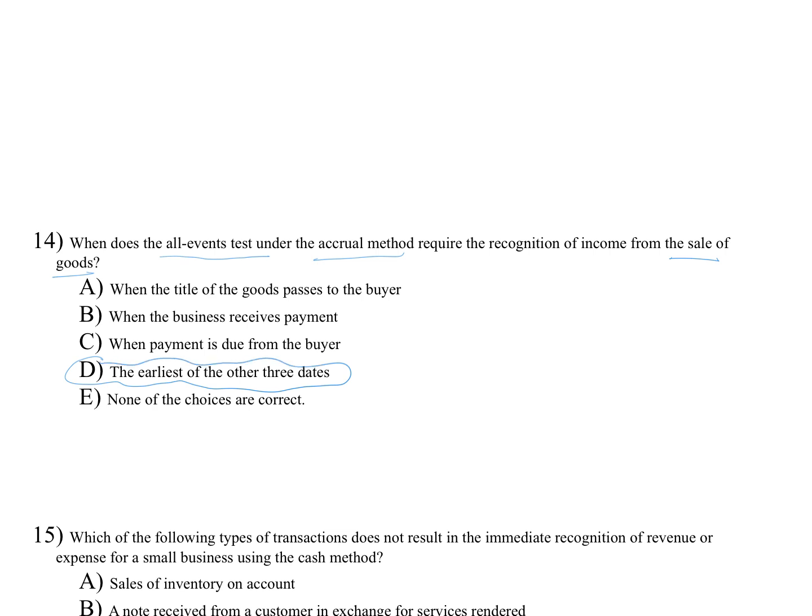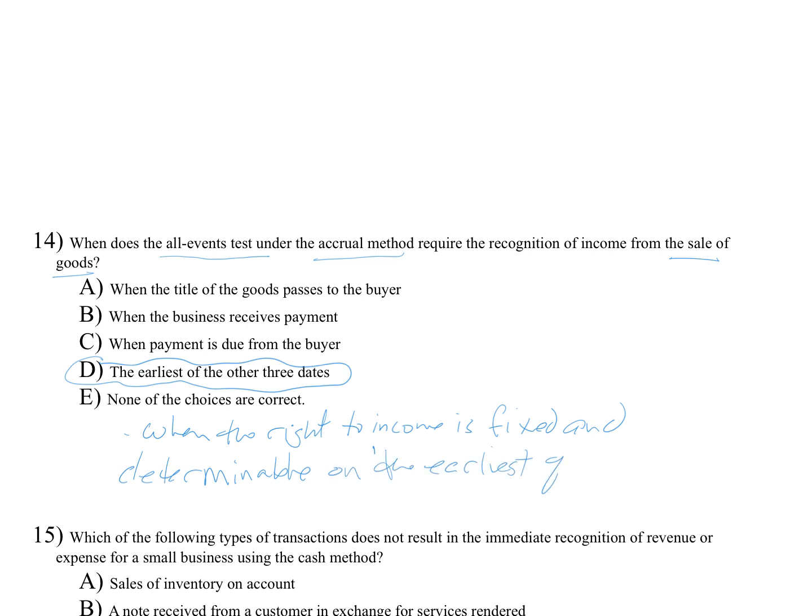So the definition of all events is when the right to income is fixed and determinable on the earliest of the 3 dates listed. So okay, the earliest of those 3 dates.